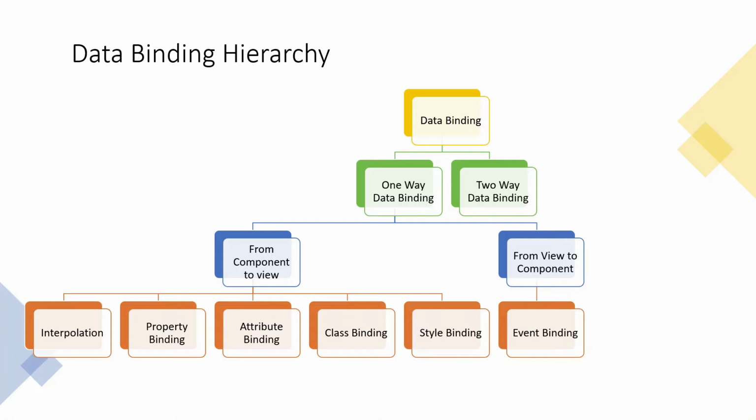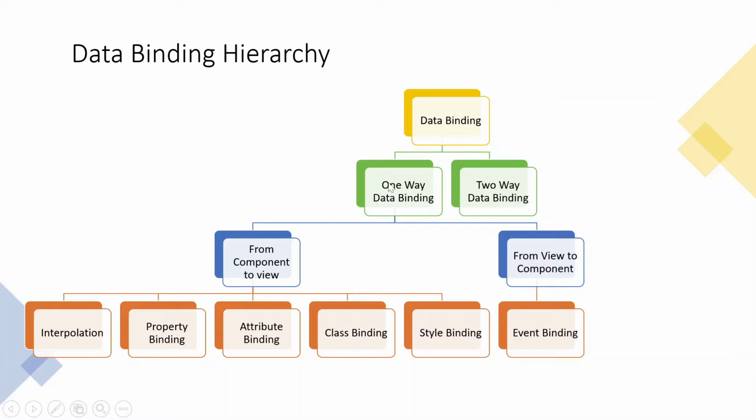In today's video, we will learn how we can implement interpolation and what interpolation is. In order to know interpolation, we have seen in the previous video what data binding is, and data binding is of two types: one-way data binding and two-way data binding.